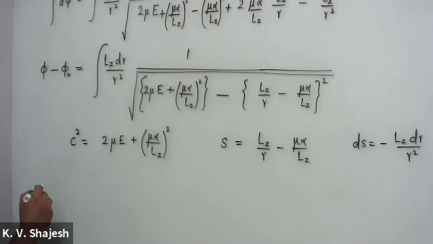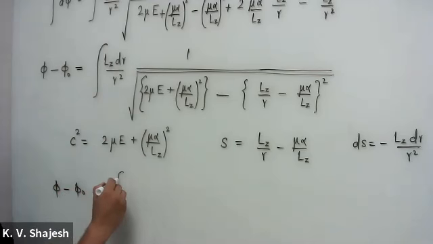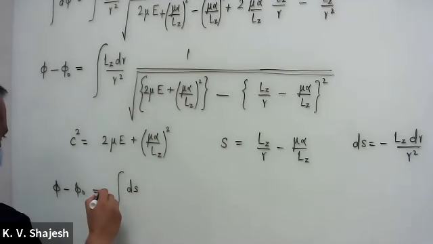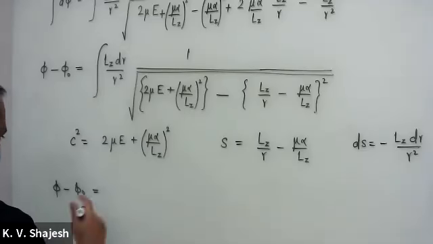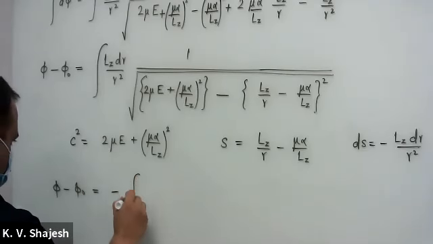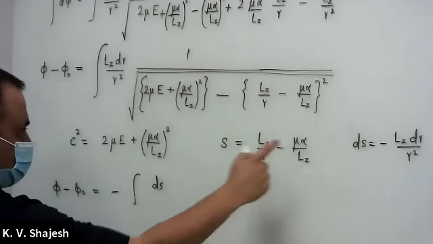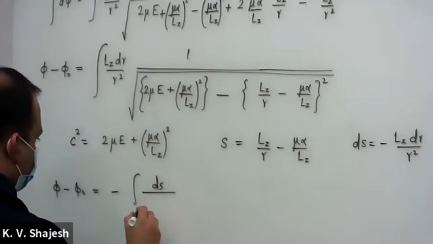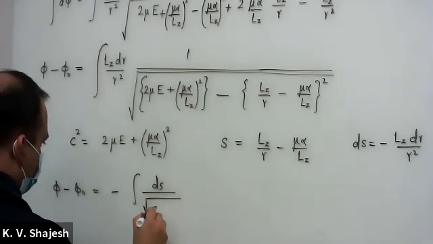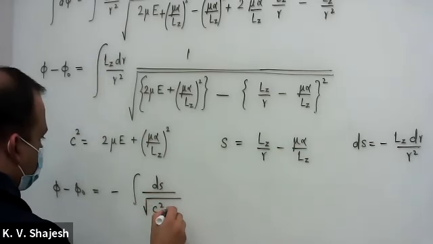And that leads to phi minus phi naught, indefinite integral, equals minus the integral of ds over the square root of C squared minus s squared, because this coefficient is minus ds.